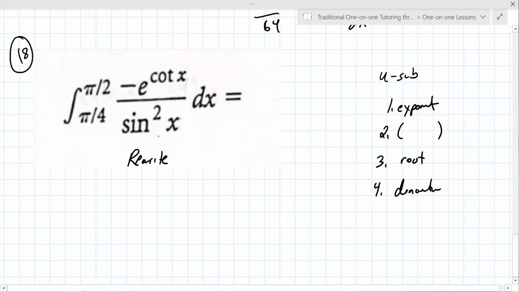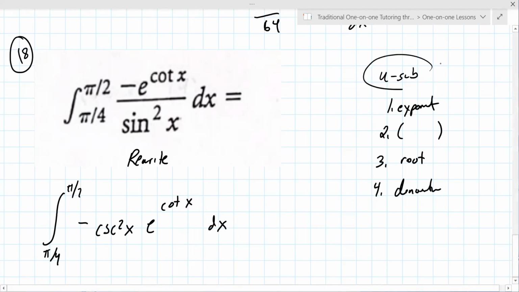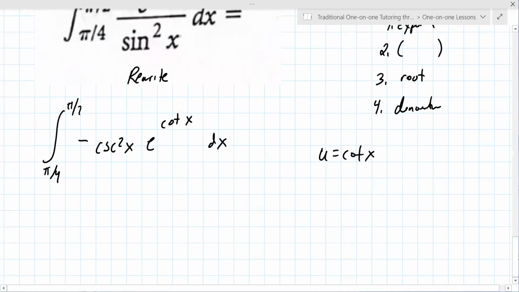There is a small thing that I think you could do here to make this better, which is a rewrite step. I'll show you that. So 1 over sine squared is cosecant squared x. And that might help. So the other thing you're looking for with your u is its derivative must be in the problem in some way.